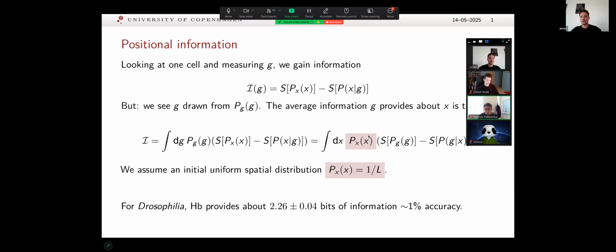But we gain a measure of information if we first measure at a specific position what the concentration there is, and then based on the conditional distribution, we can, with a relative degree of certainty, say where this cell is located. So because all of these concentration profiles get drawn as well from a distribution, we can average out this concentration itself, and we can construct an object that's the mutual information between position and local concentration.